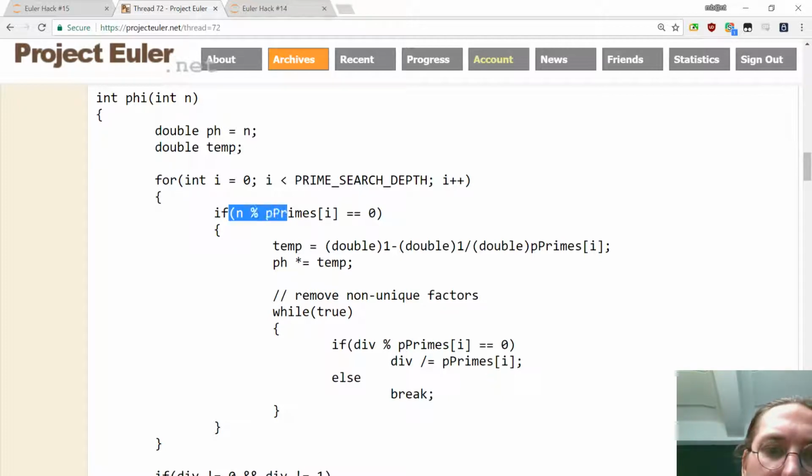All right, so here first of all, if n is divisible by this thing, then one minus 1 over p is this, 1 minus 1 over p.